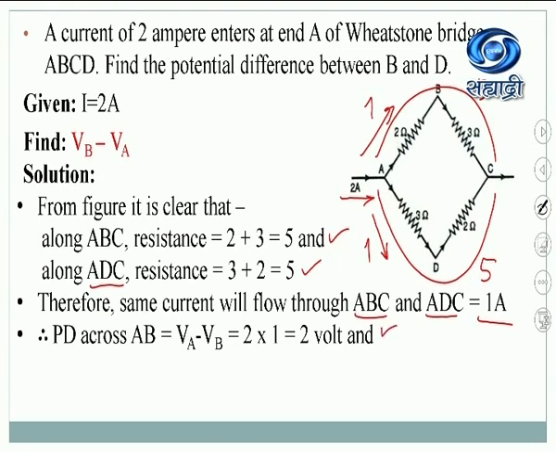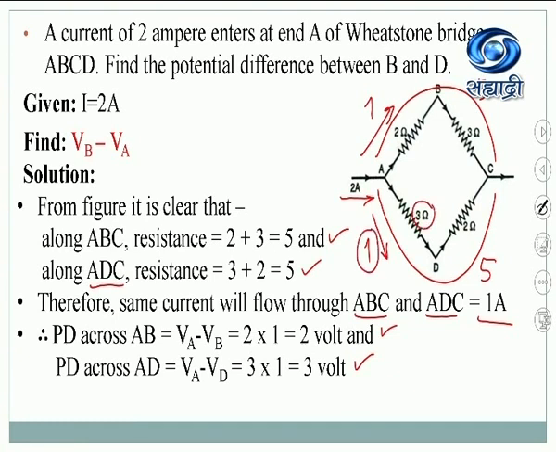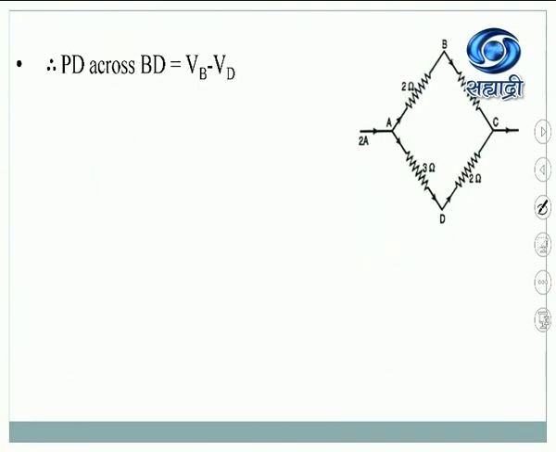So this is 2 volt. The potential drop across AB is 2 volt. Next, the potential drop across AD, that should be VA minus VD, is 3 into 1, that is equal to 3 volt.